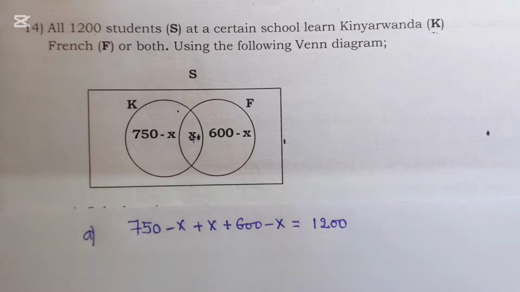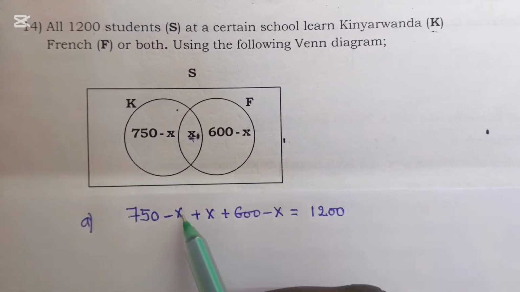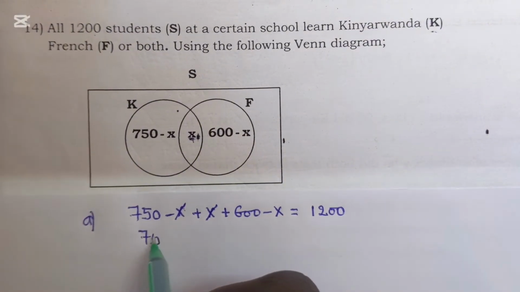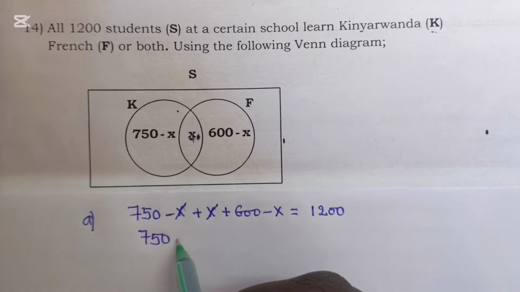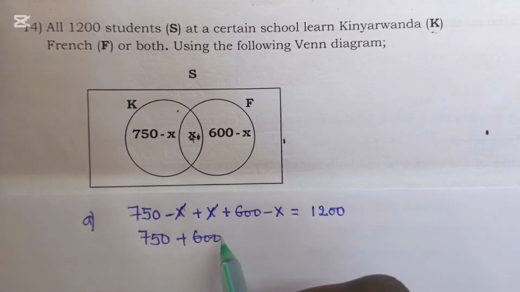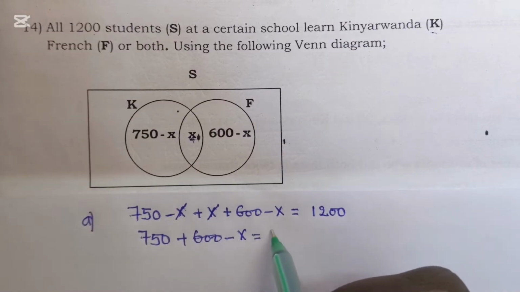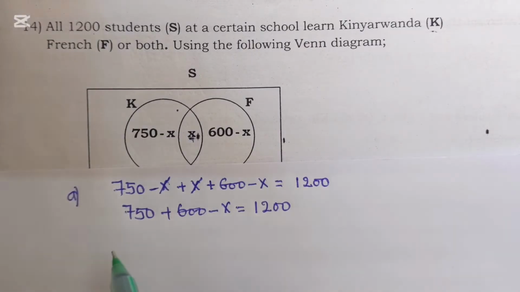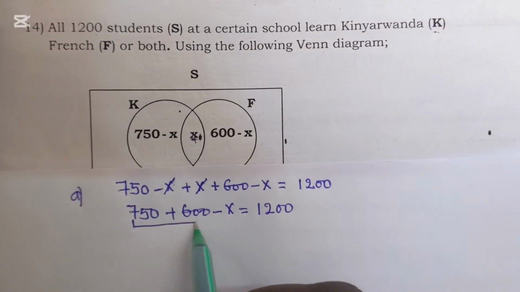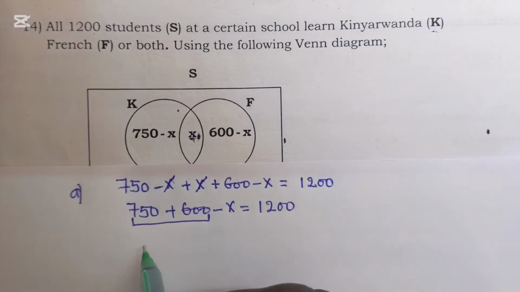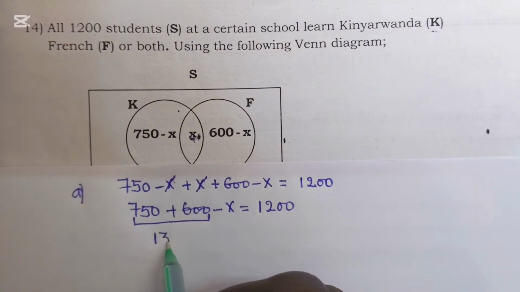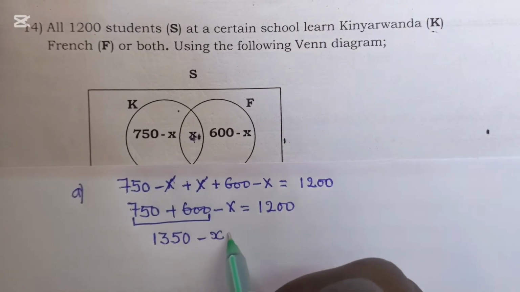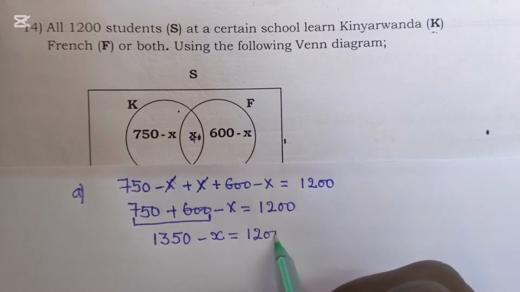This is letter A. So the x terms cancel to get 750 plus 600 minus x equal to 1,200. Then by adding these numbers we get 1,350 minus x equal to 1,200.